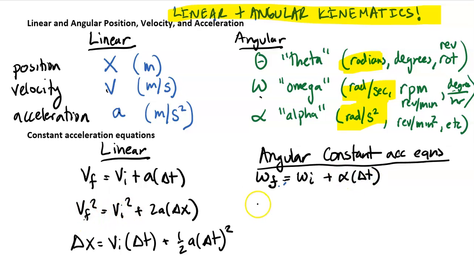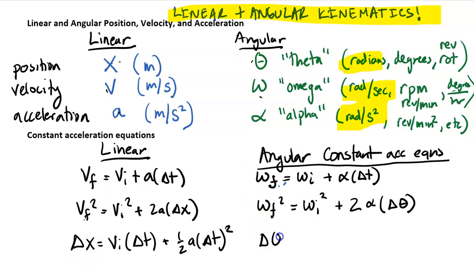Instead of Vf squared, we'll do omega F squared equals omega I squared plus 2 alpha, and X is replaced with theta, so change in theta. And delta X becomes delta theta equals omega I times time plus 1/2 alpha t squared.